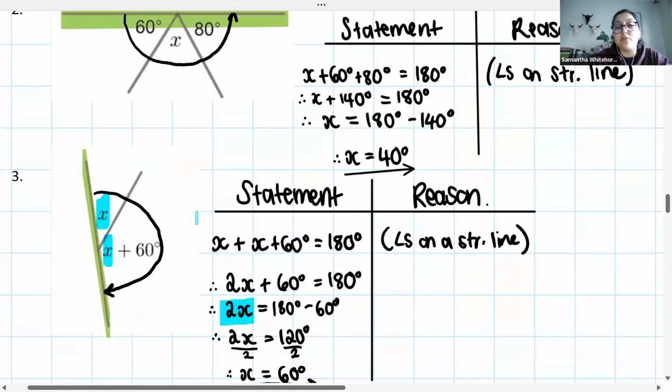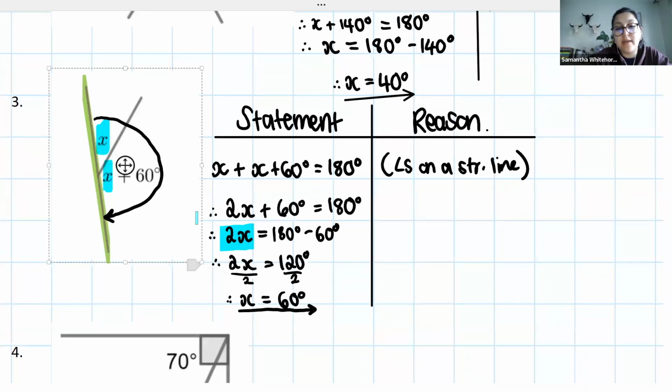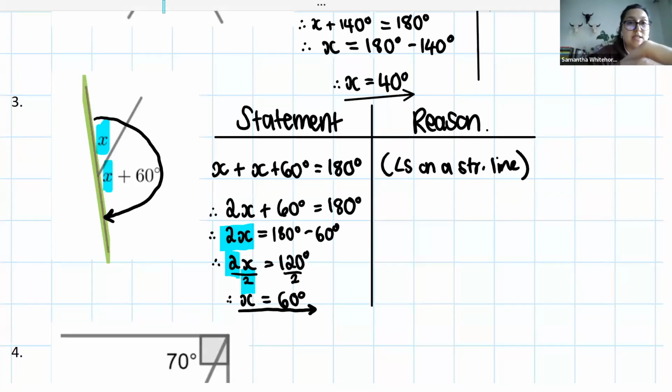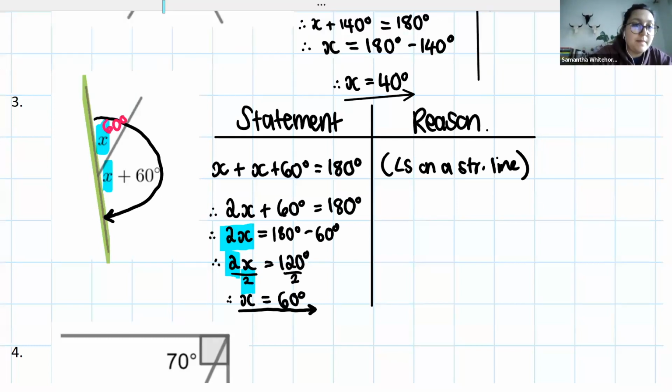So I need to solve for 1x only, which means that once I've got 2x equals 120, I still need to divide both sides by 2 in order to get x alone. So 1x is equal to 60. And if we go back and sub that in, this would be 60 and 60 plus 60, which in total is 120. And so 120 plus 60 does give me 180 degrees.